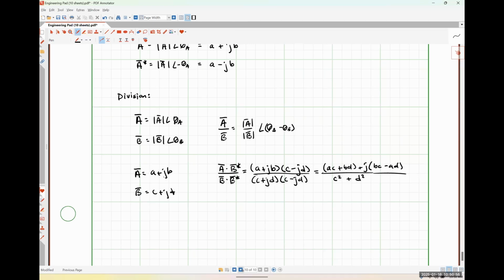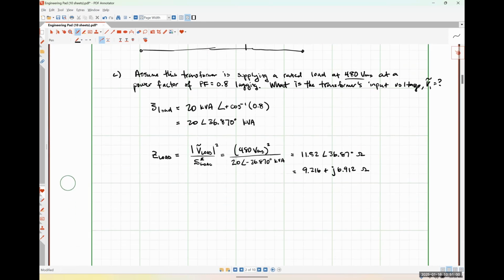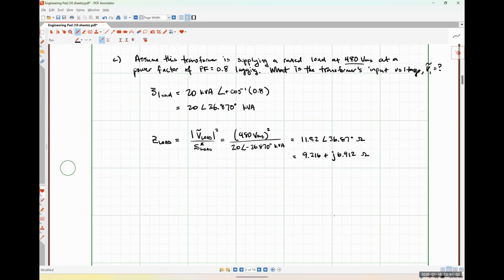All right, so let's get back to the problem that we were working before we got distracted. I'm going to redraw my circuit now, including my load.